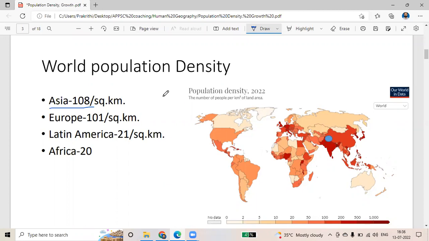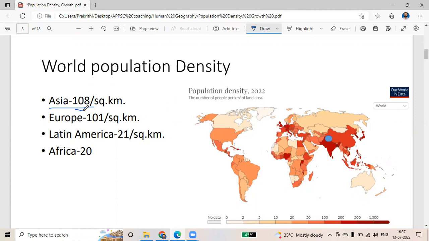Same way, when we take the population density also, Asia has the highest population density. It is almost 108 per square kilometer. So when we compare that with Indian population density, it is more than 350. We can say 380. Utna sa population hai. So it is comparatively very less.